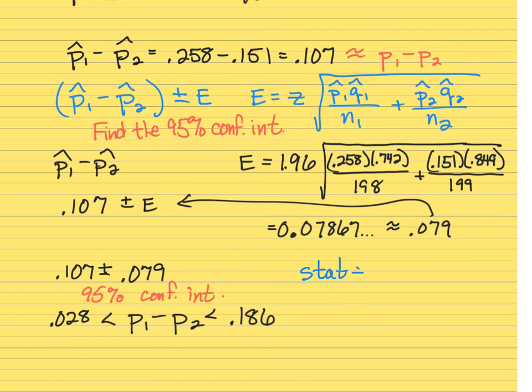You're going to go to tests, and what we're looking for here is 2-PropZInt, the 2-prop z interval. You're using two proportions. You're finding the interval estimate for the difference between the two proportions, and that will spit out all of this for you.